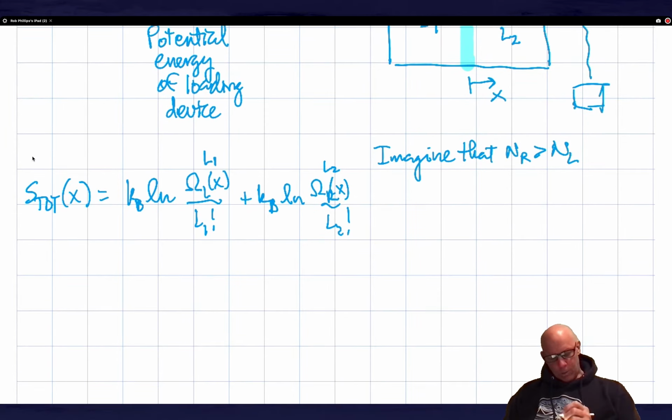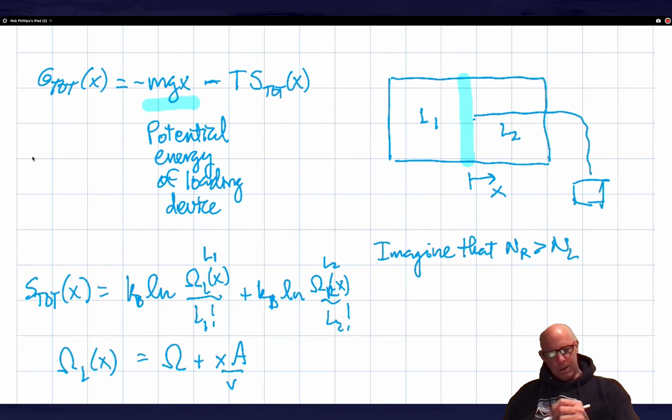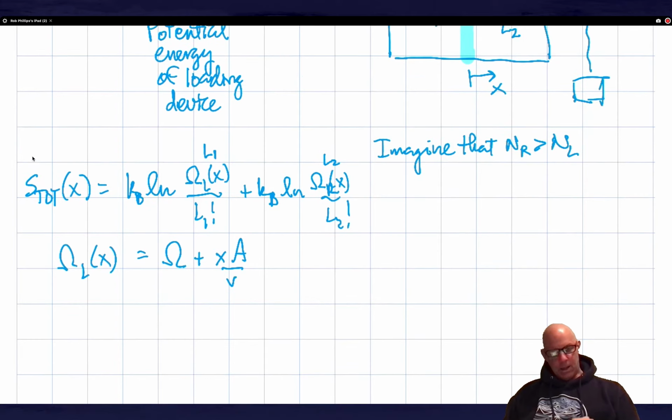Now what would I want to say about omega left of x? Omega left of x is going to be equal to omega plus x times a divided by little v. Why do I say that? Because when the partition moves by an amount x, the volume that it sweeps out is x times a, and little v is the size of a lattice element, the little element of box size.